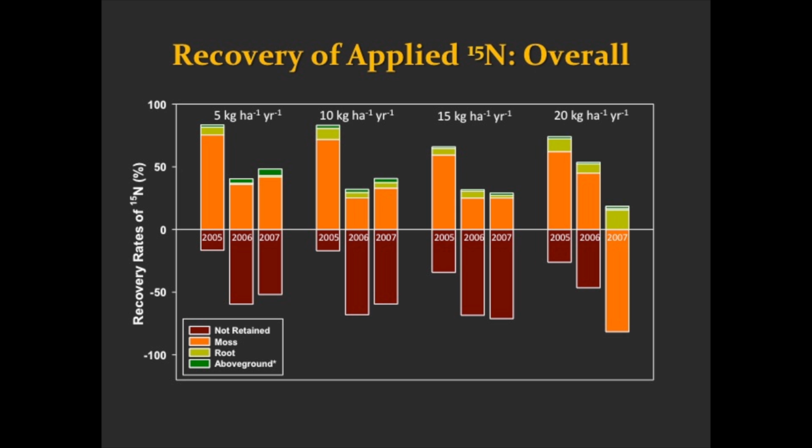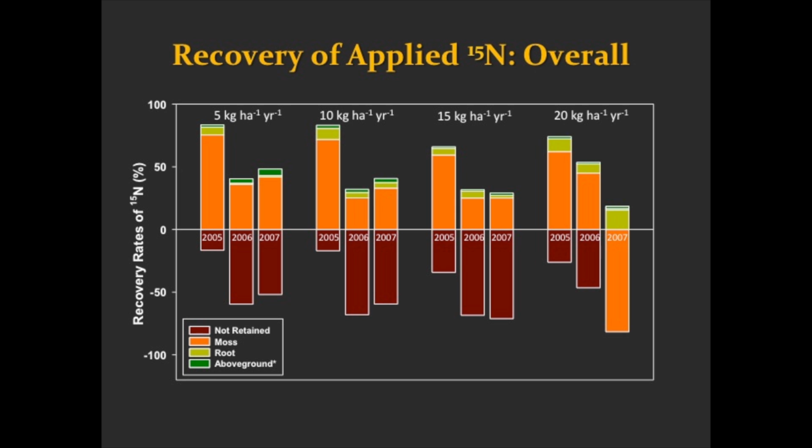Here you have different treatment groups over a 3-year period. The mossy brown is moss, the green is the root, and above ground is lumped into the green because it accounts for a very small portion. The red is the nitrogen that is not recovered in any of the studied pools anymore.